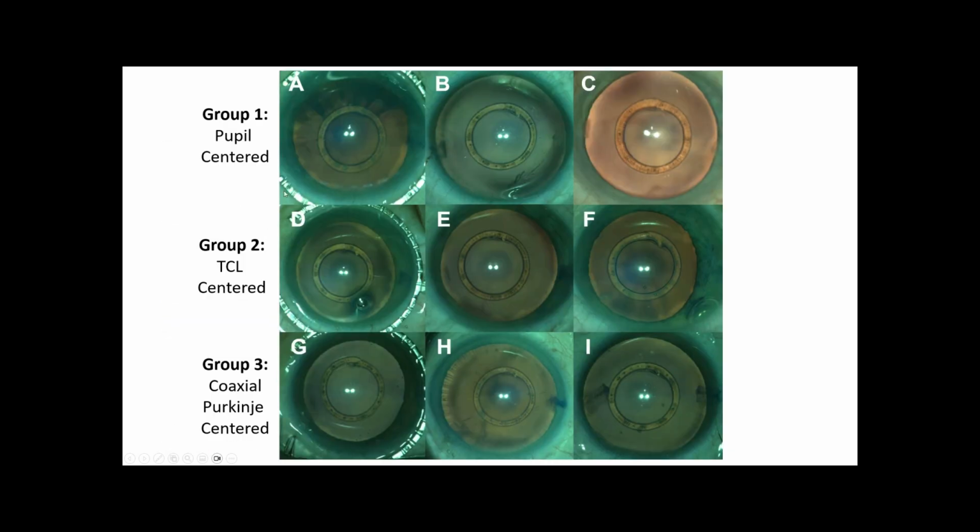There are 3 groups: pupil centration, centered on the dilated pupil; Trypan capsular landmark centration, centered on the dark, intense capsular stain; and 3 being the coaxial Purkinje image centration group.